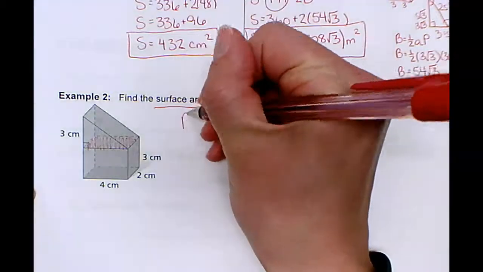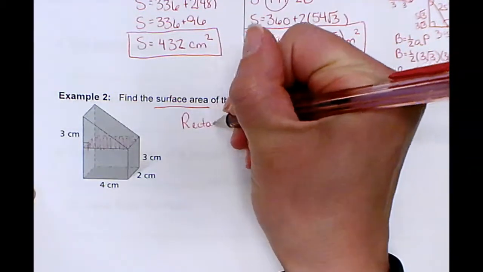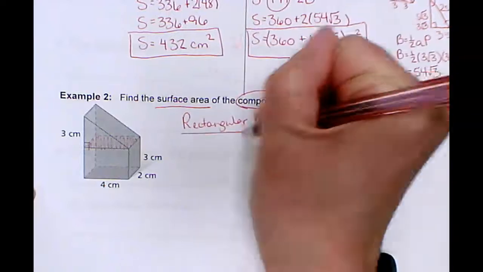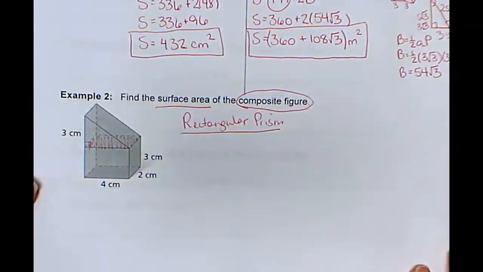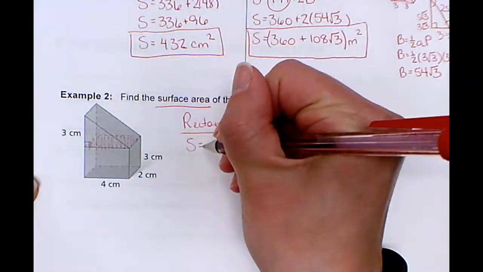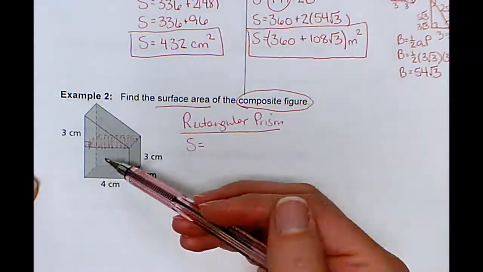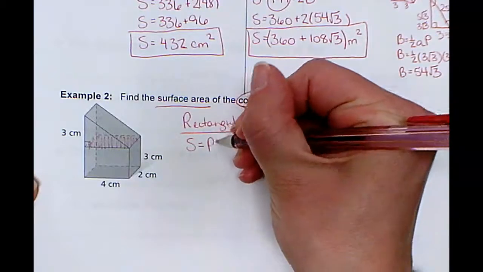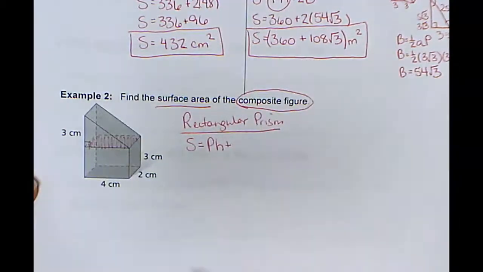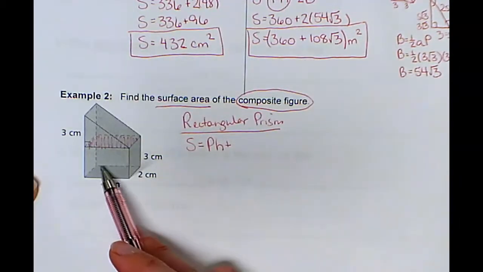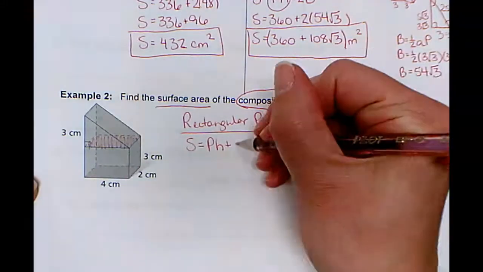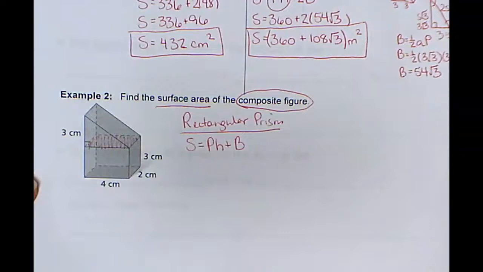For the rectangular prism, my surface area is the lateral surface area, so the perimeter of the base times the height, plus I'm not adding both bases, I'm just adding this one base, because this one up here is in the interior of the figure, so I just want one base.